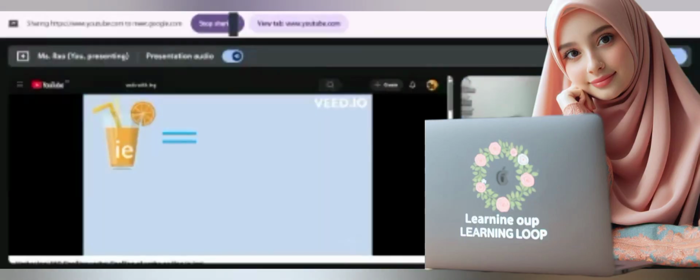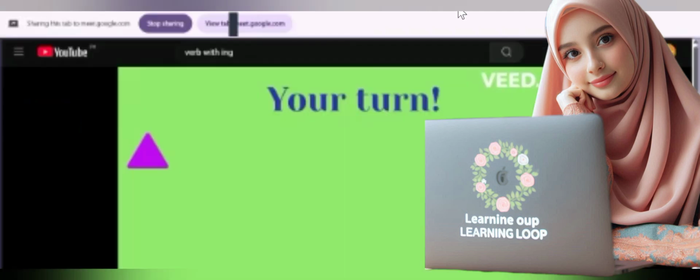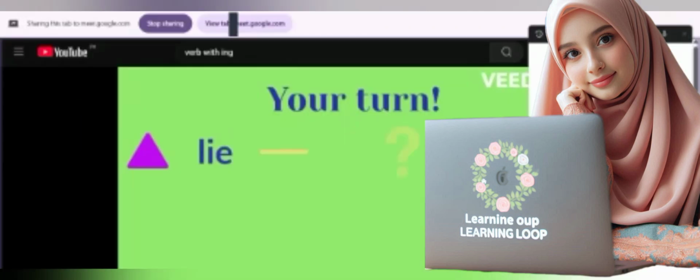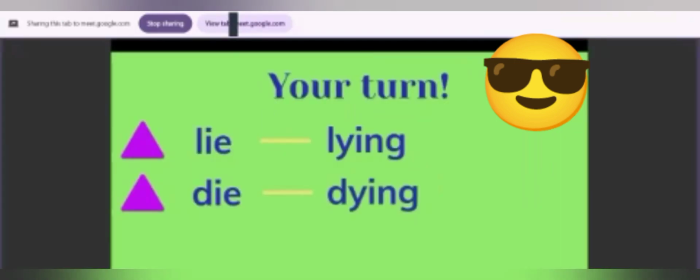For verbs ending in ie, we drop the ie and add ing. Tie, tying. Die, dying. Lie, lying.